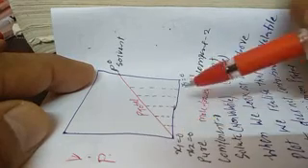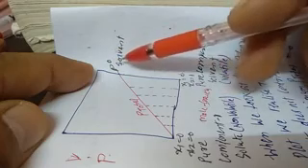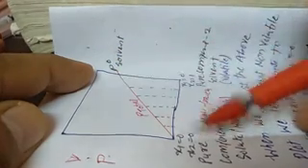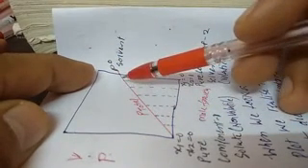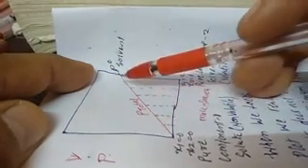You can see that when there is a pure solvent present, then the vapor pressure is P0. But as we keep on adding the non-volatile solute, the vapor pressure decreases.